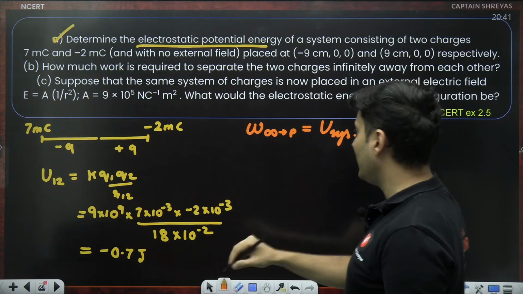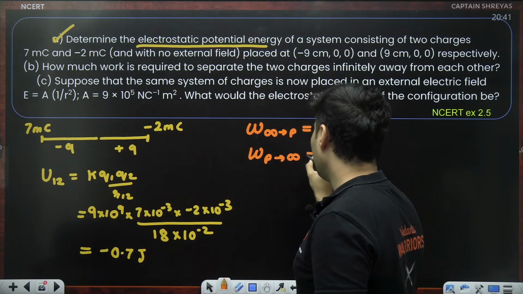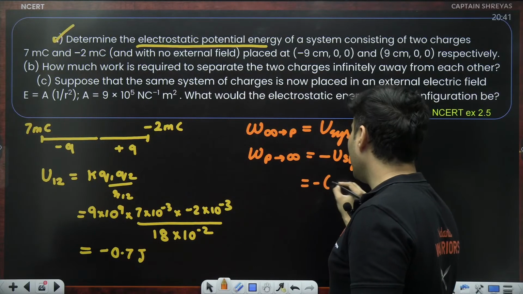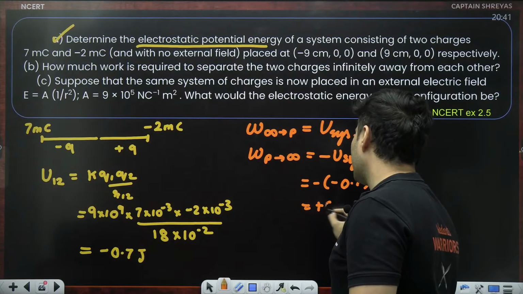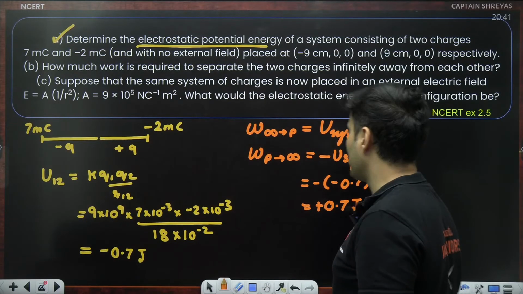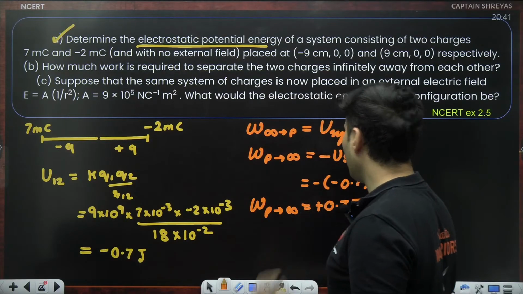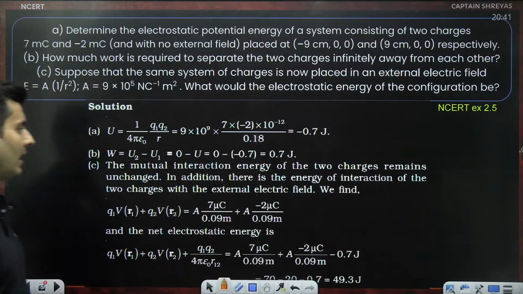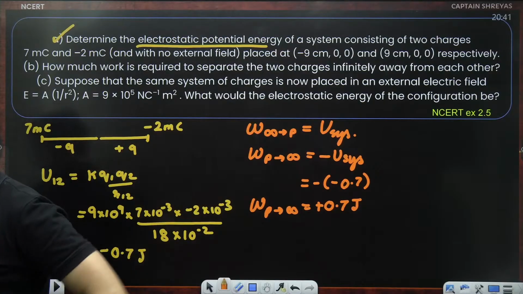So if you do the exact reverse, the work done to take it from P to infinity will be the negative potential energy of the system. So it is negative of minus 0.7, which will make it plus 0.7 joules. So the work done to separate it till infinity will be plus 0.7 joules, which is exactly the same answer as over here. Is that right, everyone?